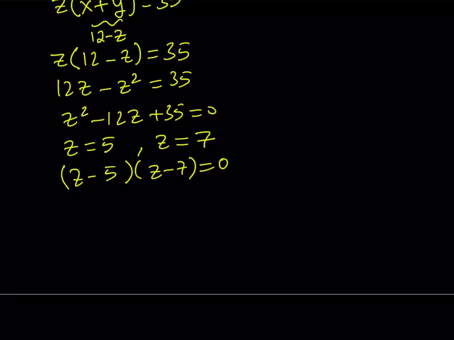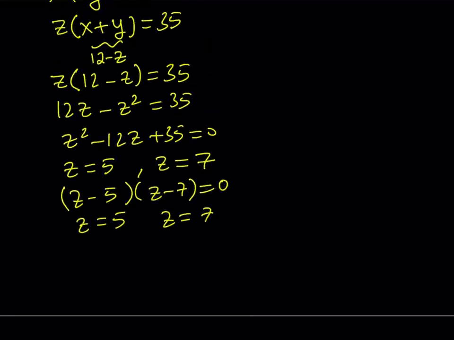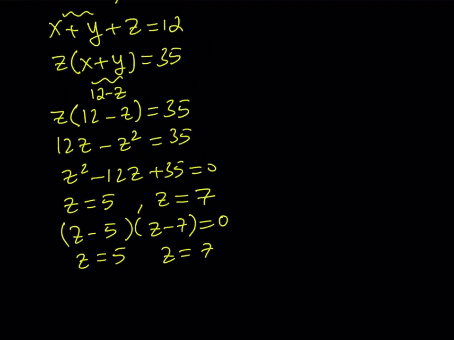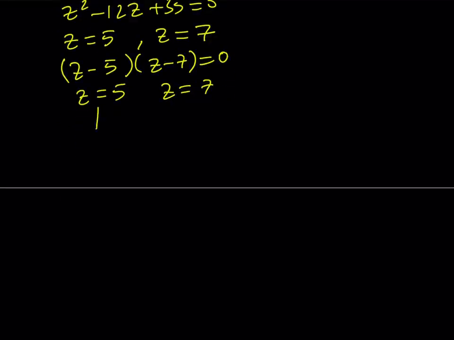z equals 5. If z is equal to 5, let me go ahead and rewrite them. Remember, x plus y is equal to 12 minus z. So by subtracting these numbers from 12, you're going to get the values of x plus y. So x plus y is going to be 7 if z is equal to 5. And if x plus y is equal to 7, the next thing I'm going to do is use the first equation.